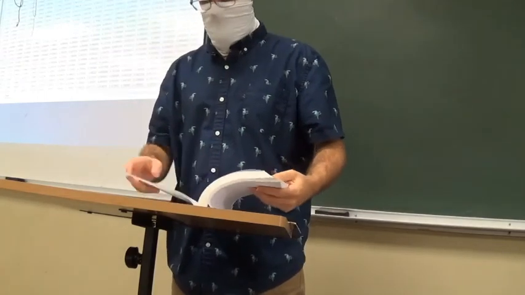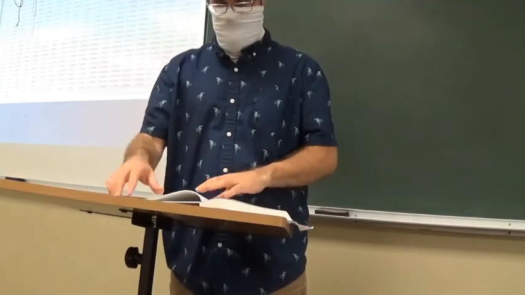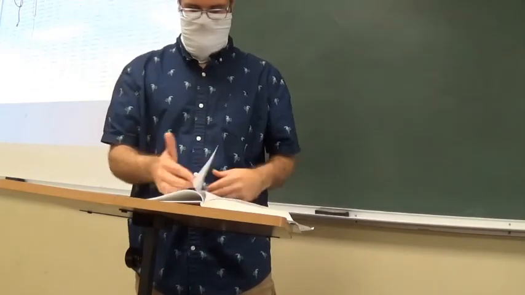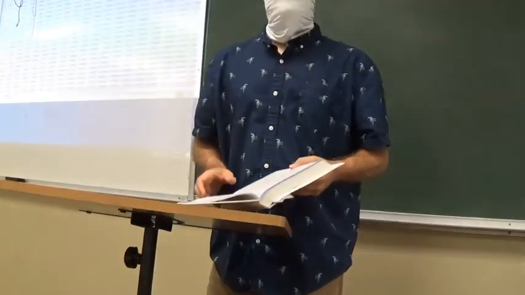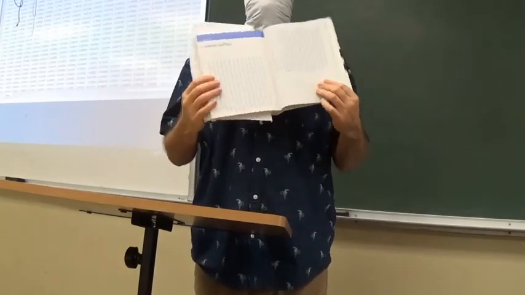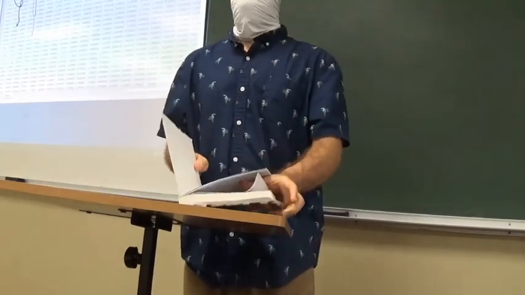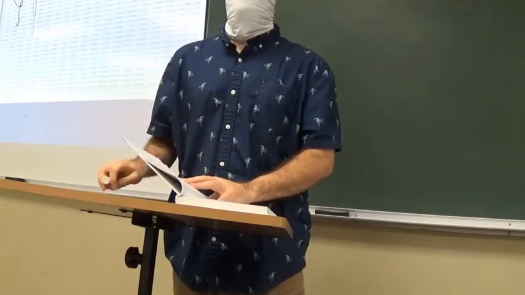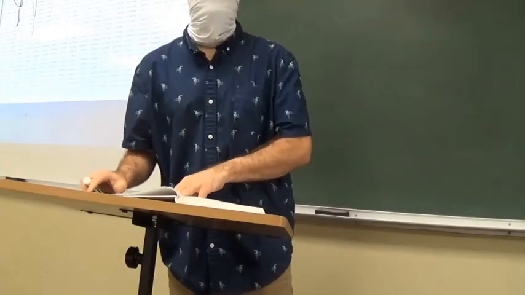And this is also an example of a random number chart that you can use. You just have to make sure that you move through it consistently, and if you do that, it's completely random.